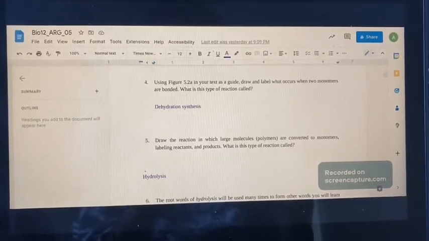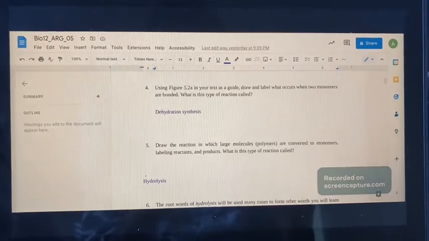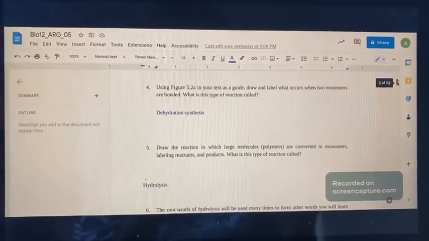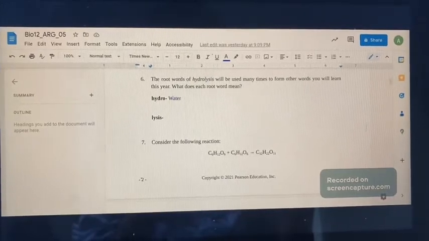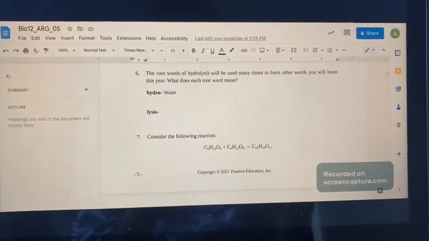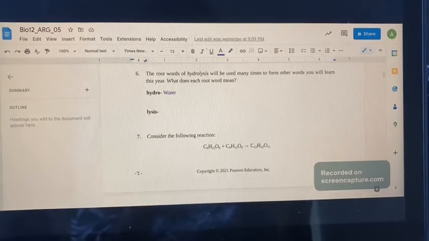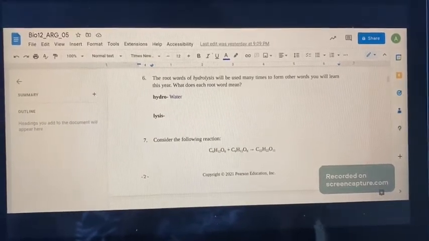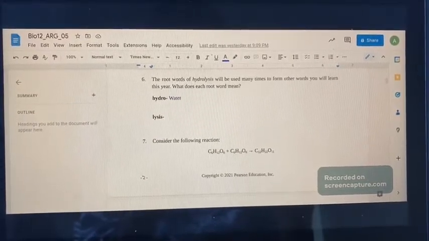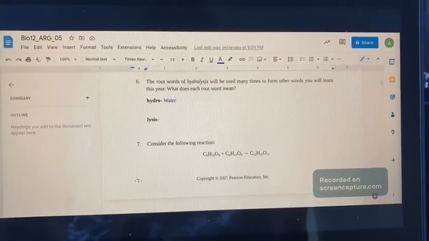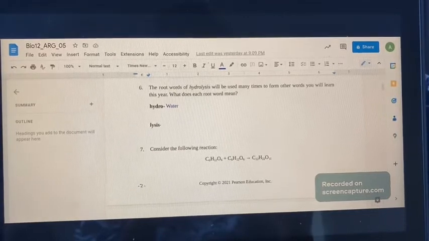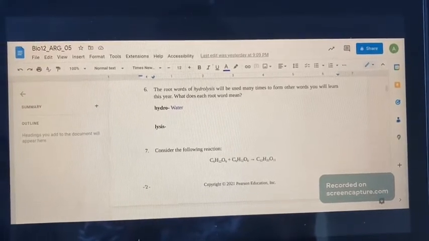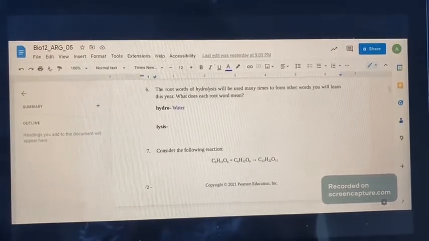The root words for hydrolysis may be used many times to form other words you will learn this year. What does each root word mean? Hydro is water, and lysis is breaking apart, technically the disintegration of a cell by rupture. Lysis means to unbind, so break apart from that polymer structure.